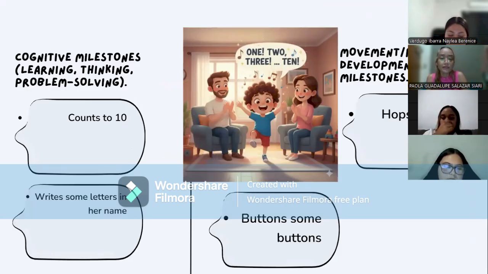And cognitive milestones: counts to 10, writes some letters in her name. And physical milestone: hops on one foot and buttons some buttons.